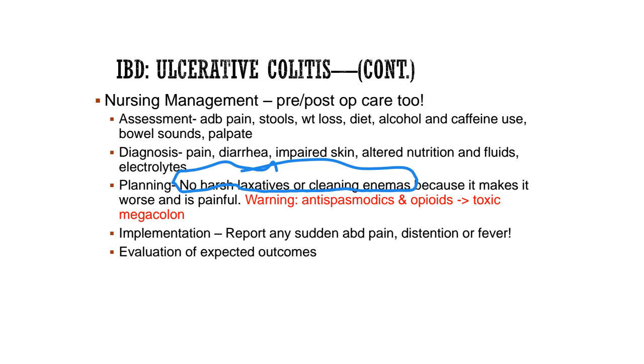So if we give them these drugs, there's no way for the bacteria to leave, and the bacteria gives off a byproduct of carbon dioxide, which blows up the colon, and that becomes toxic megacolon. So we have to be very careful there. Do not give them anything that's an opioid or antispasmodic.